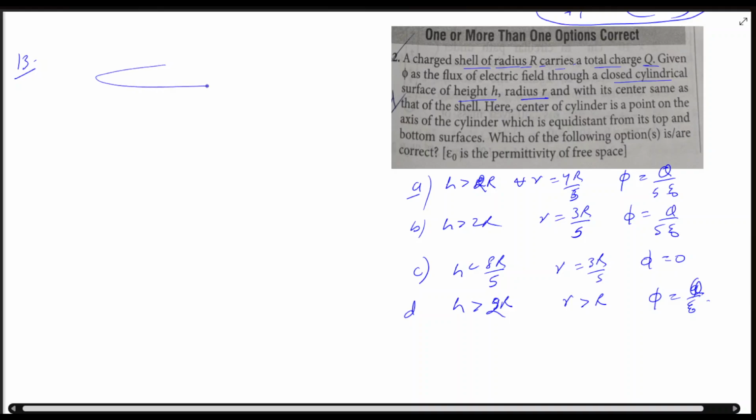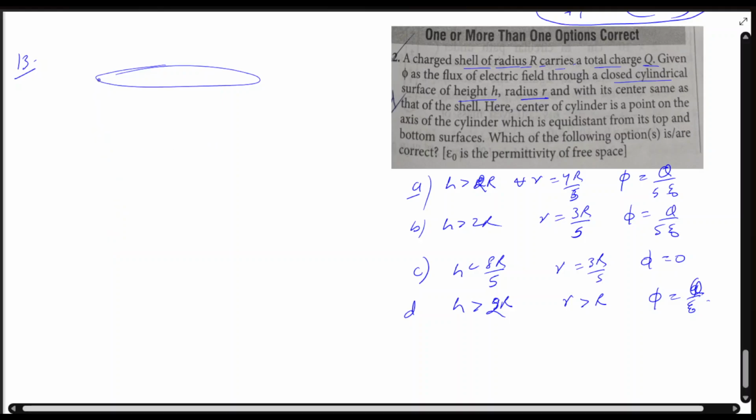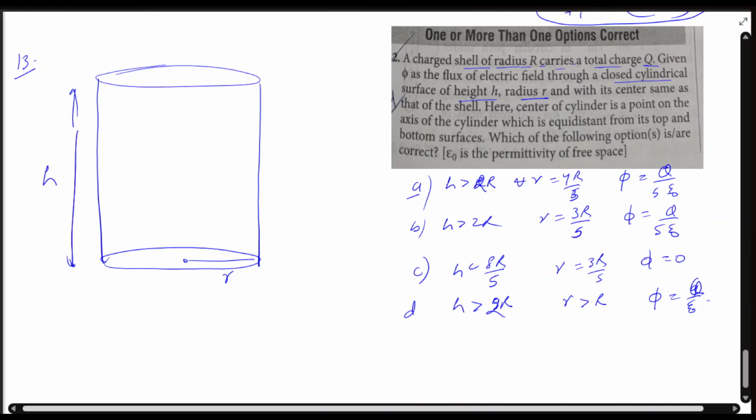This is our cylinder, with radius small r and height h, and we have the sphere with radius R. The center of the cylinder is a point on the axis, which is the center of the sphere.